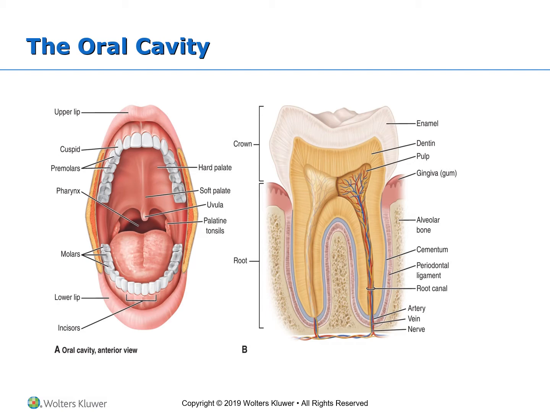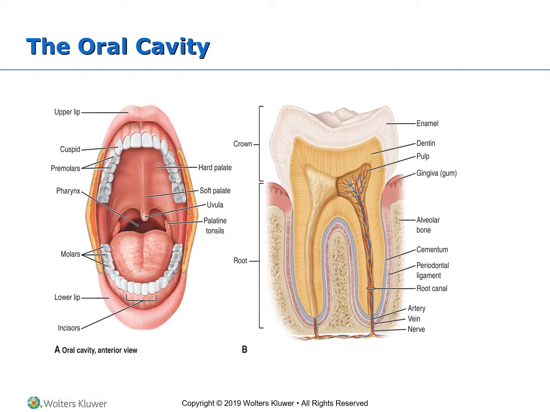The complete set that we have as an adult is 32, and we can split them into different types of teeth. In the front, the anterior part of the oral cavity, we have incisors. After that, we have 4 of them on each jaw, upper and lower.